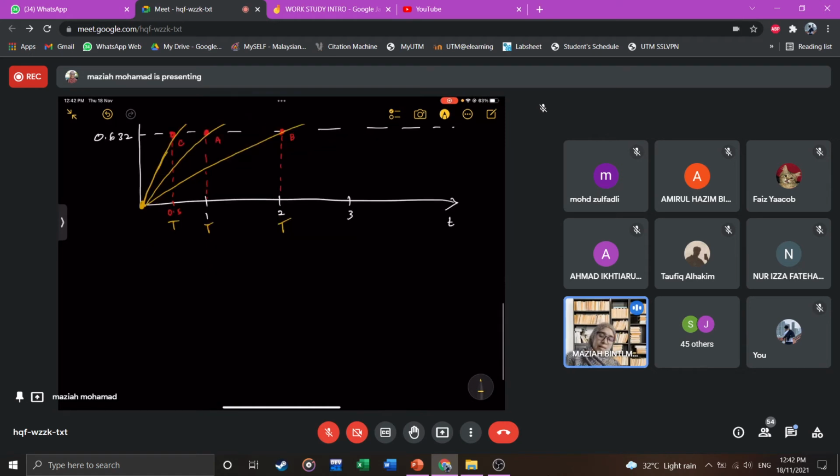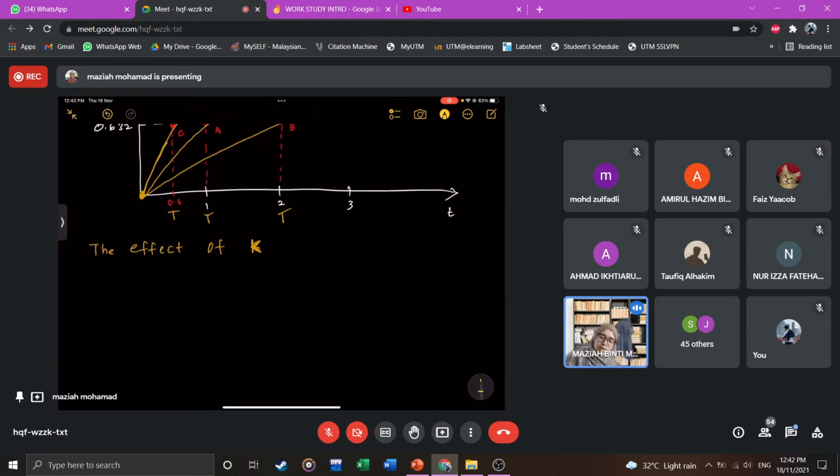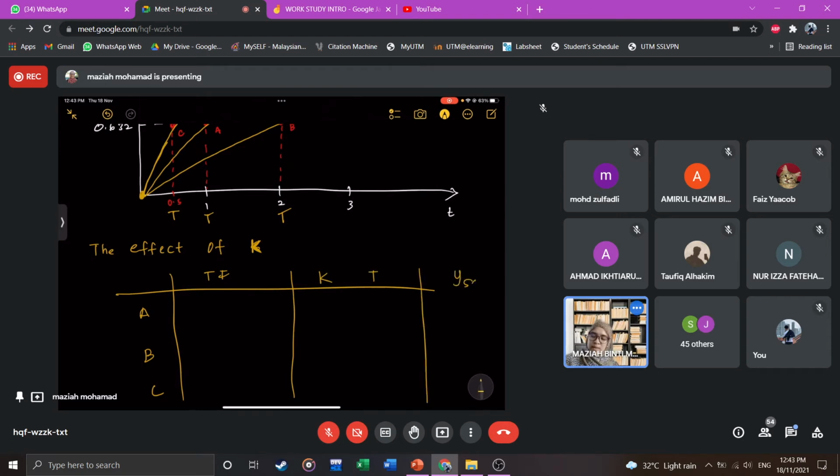All right. So now let's see the effect of K, the static gain. Let's do the same. Let's have a table there with A, B, C. We have the transfer function, then let's determine the K and T, and then let's determine Y steady state.